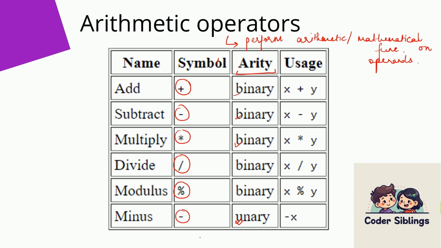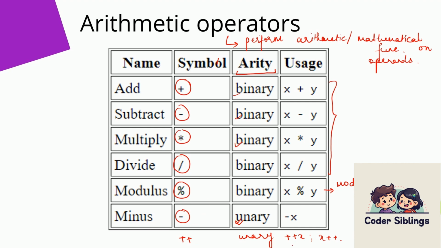There are also unary operators, they can also be plus, which is also unary, and plus plus x or x plus plus, right? So usage, as we all know, all of these have simple usage as we have in mathematics. The percentage sign is modulus, which stands for remainder of a function, right?